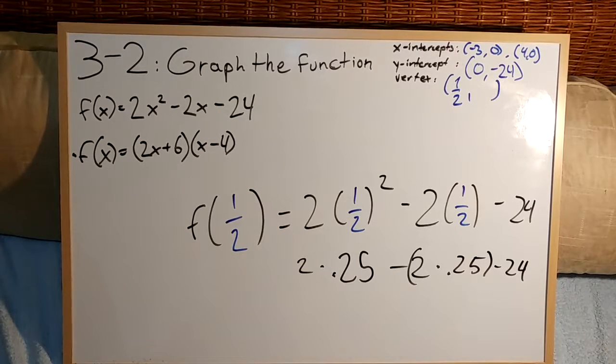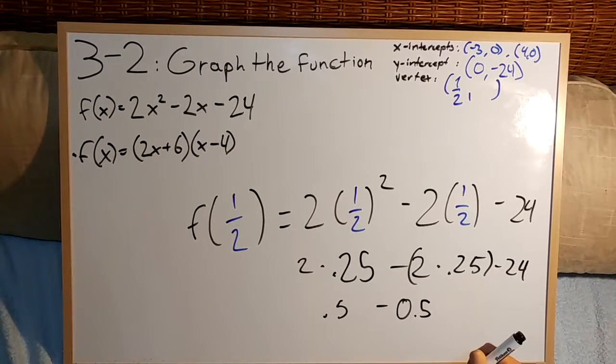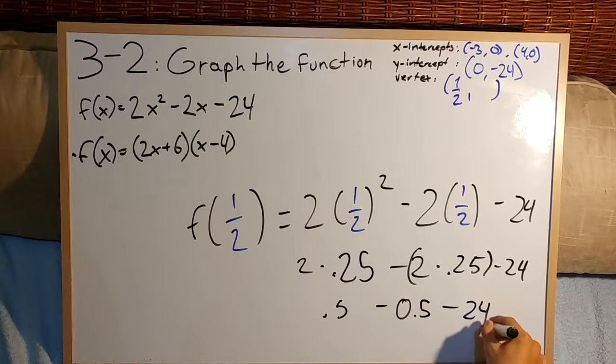This will give us 0.5 minus 0.5 minus 24, which gives us negative 24.